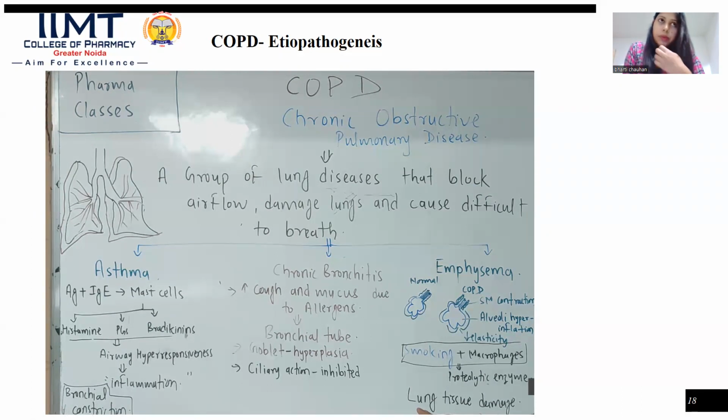There is not a proper exchange of carbon dioxide and oxygen, because holes will occur in the alveoli, or they may lose their elasticity. The cause is smoking, and macrophages release proteolytic enzymes, and the lung tissue will ultimately get damaged and cause chronic obstructive pulmonary disease.